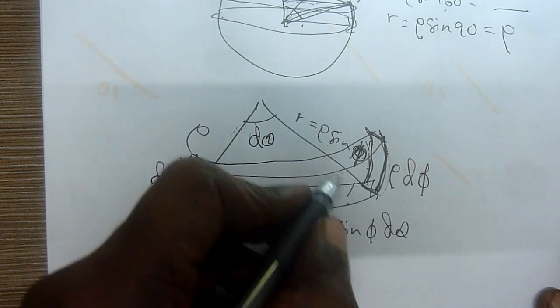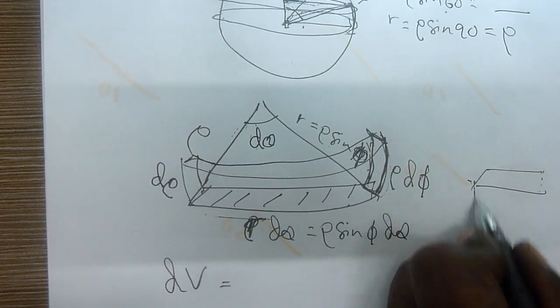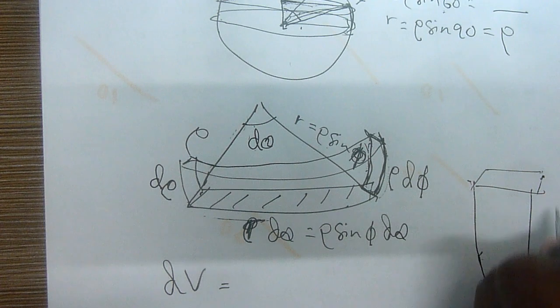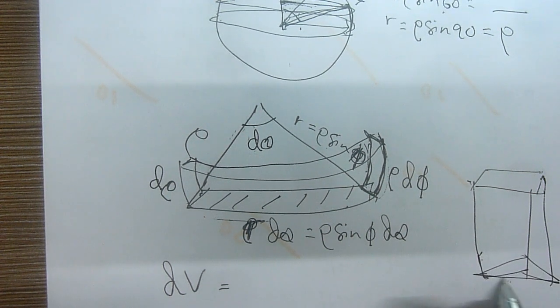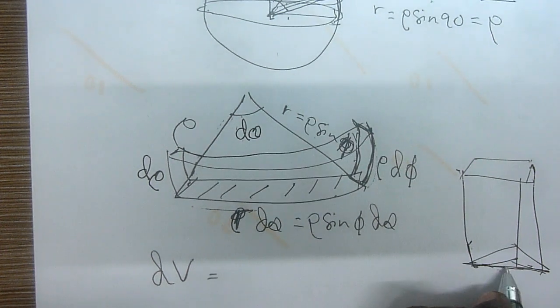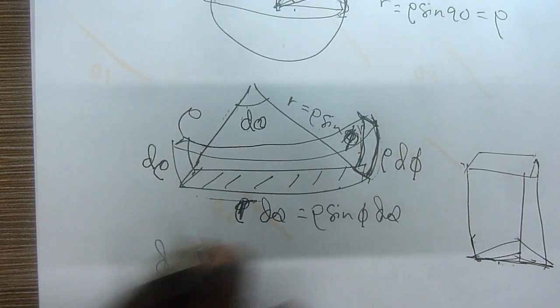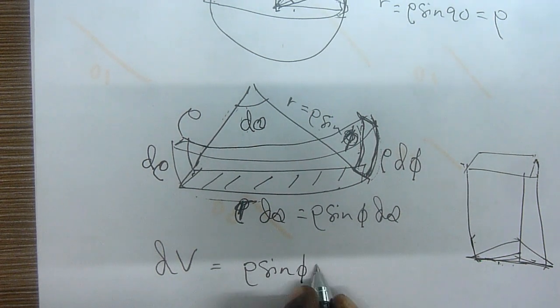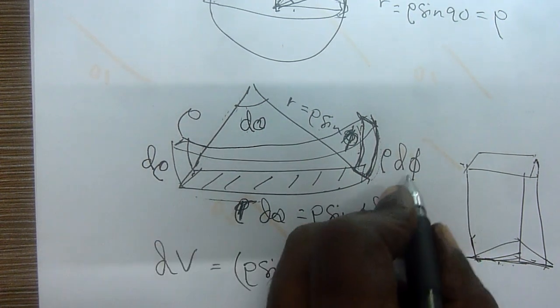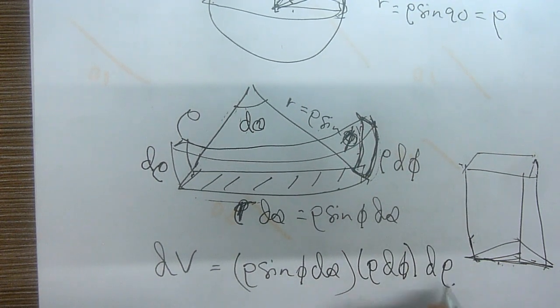You see, you take a small piece, it's a kind of 3D block already. Can you see that? It becomes a 3D block automatically. It looks like a 3D block here. Therefore when you start combining, you will get rho sine phi d theta times d phi d rho.